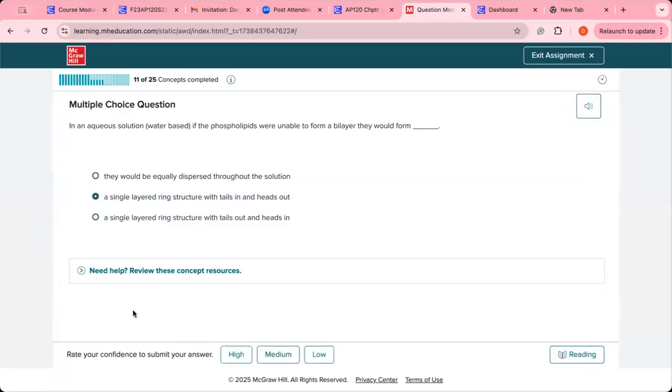Because they want the tails to face inward, where they don't have the water, because they don't like water. Remember?